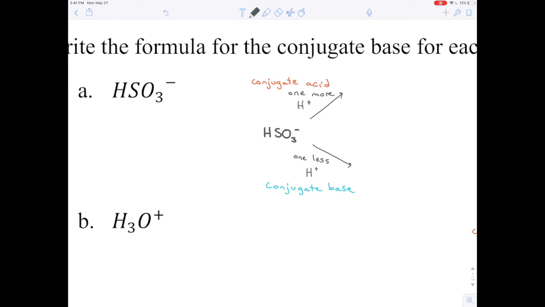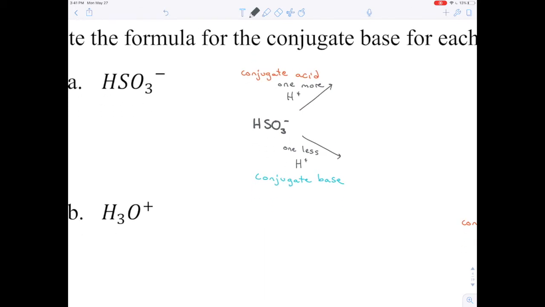We want to find the conjugate acid and the conjugate base. To find the conjugate acid, add an H and add plus 1 to the charge. HSO3 minus has just one H in it because the H doesn't have anything written at the bottom right. If you add another one, you'll have H2SO3.